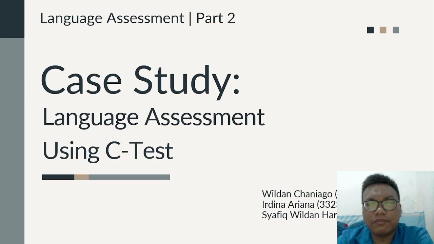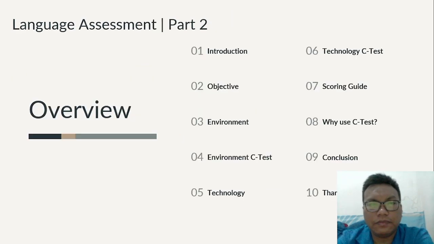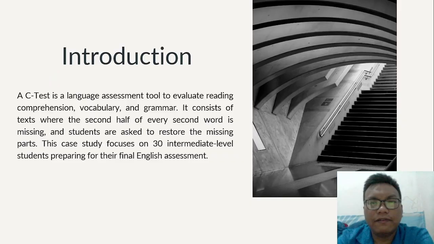Now let's get into part 2, the case study of using the C-test. First, introduction. A C-test is a language assessment tool to evaluate reading comprehension, vocabulary, and grammar. It consists of text where the second half of every second word is missing, and students are asked to restore the missing parts.